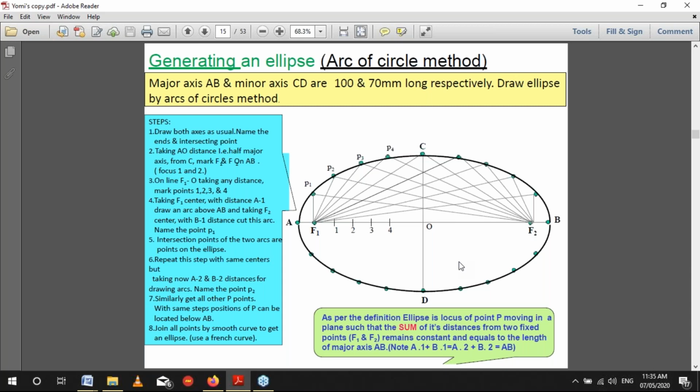And when focus and directrices are known, all you just do is follow the steps on the second diagram below it and you get it done.